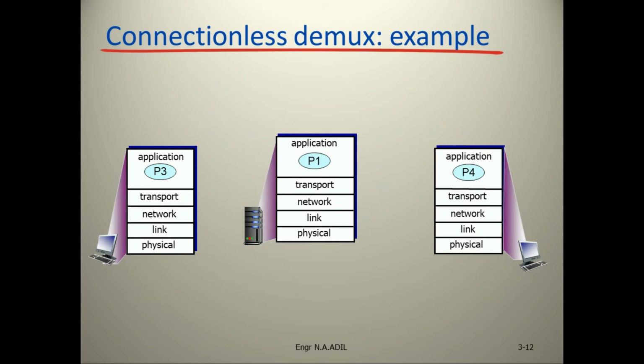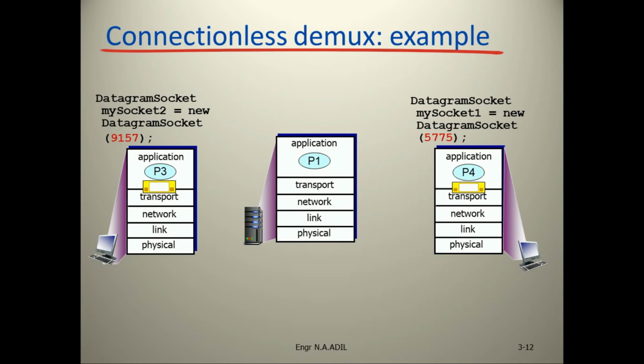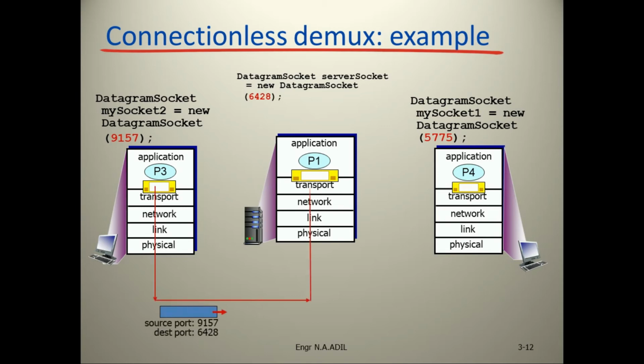A connectionless demultiplexing example is given. Here is a datagram socket, new DatagramSocket(9157), and at the other end new DatagramSocket(5775), and DatagramSocket new DatagramSocket(6428). So in this case P3 is the source and the destination is P1.